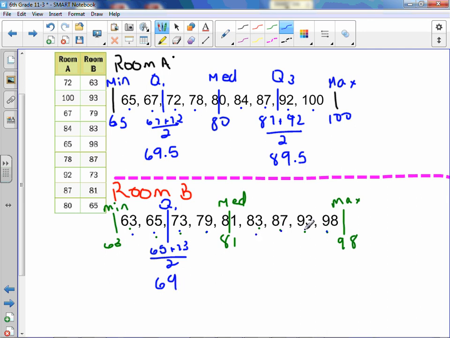And our quartile 3 is between 87 and 93, so 87 plus 93, divide by 2, and you'd get a nice 90 even.